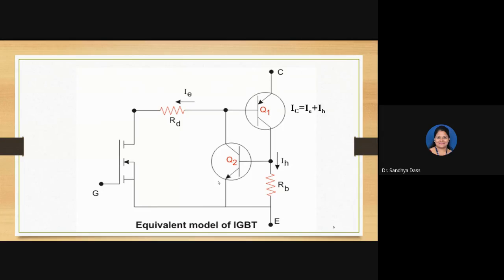Latched up meaning the gate terminal loses control over the collector current, and you will not be able to turn the IGBT off. So to turn off, you need some extra commutation circuitry, like forced commutation circuitry, which we will be discussing in module 2, which we actually discussed with thyristors, forced commutation of thyristors.